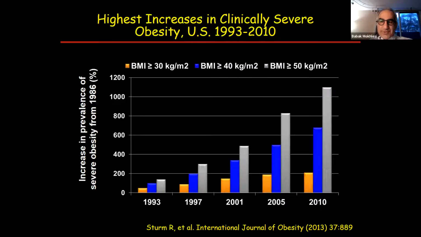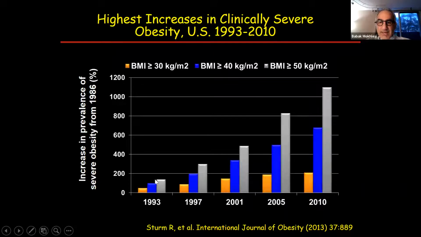So the most recent data from the CDC suggests that the prevalence of obesity, both in adults and children, has plateaued, which is good news. But that's not to say that once you're obese, you cannot get more obese. As you can see in this graph, if you look at 2010 to 2016, there's not that much change.